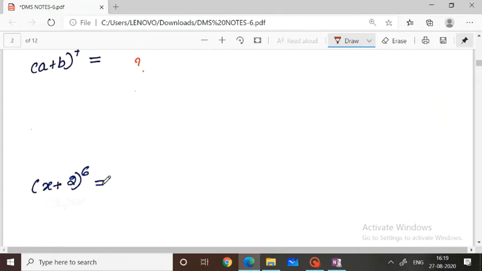That means this can be written as 6c0 x raised to 6 into 2 raised to 0, replacing a with x and b with 2. Is it right?